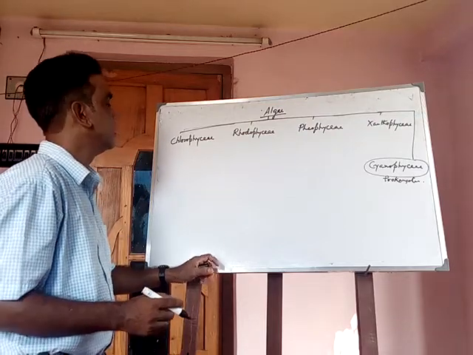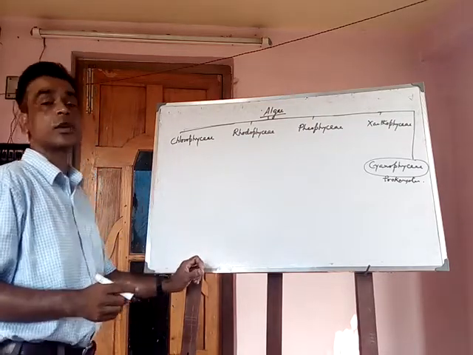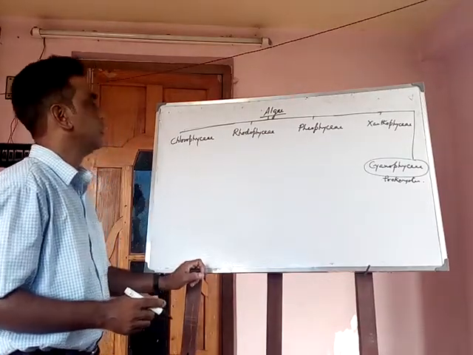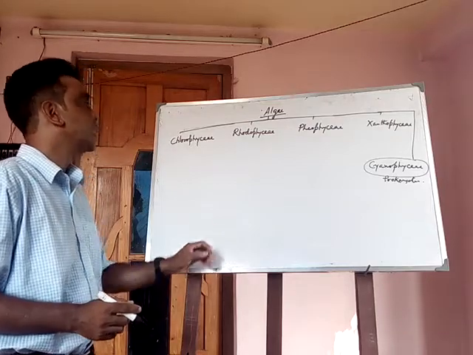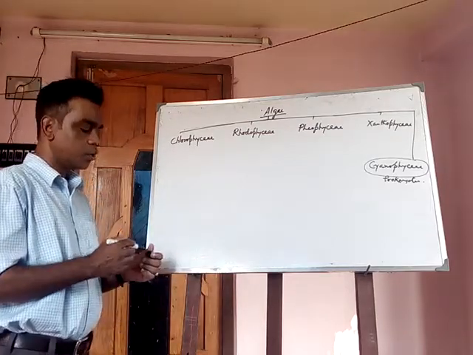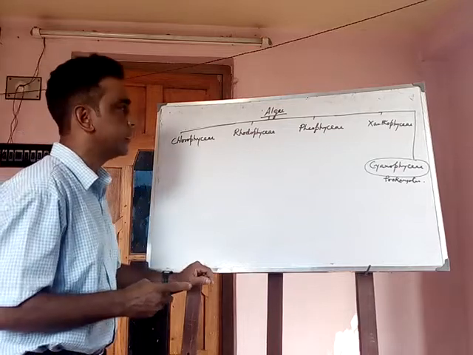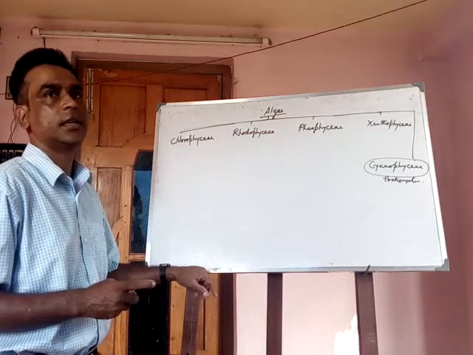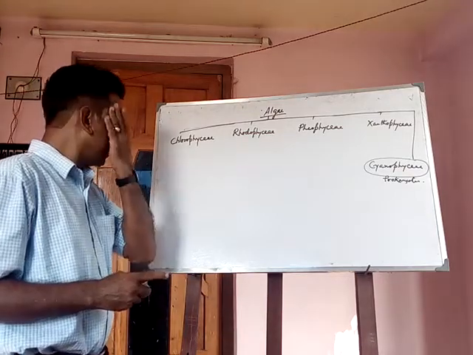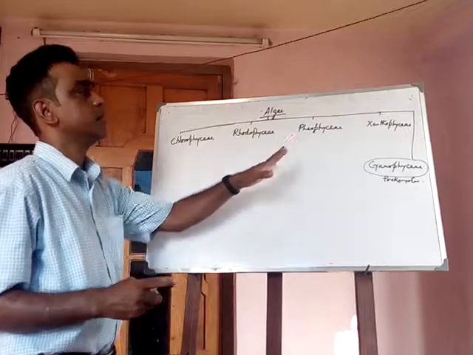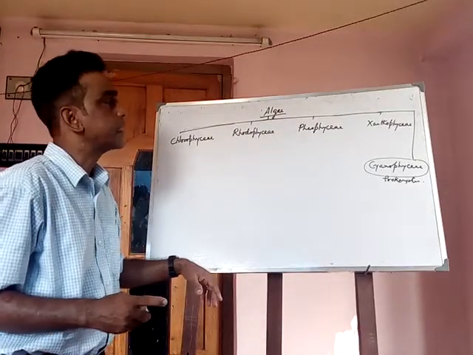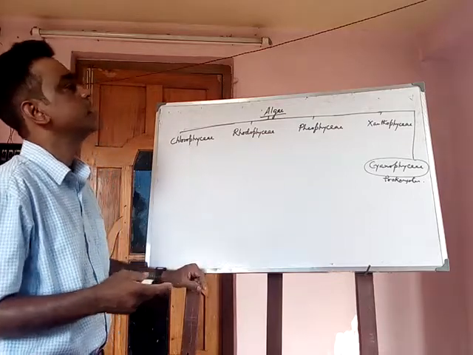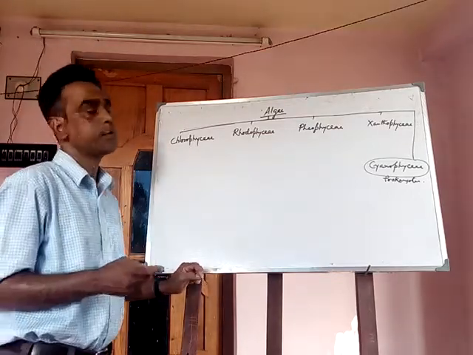Examples: Chlamydomonas nivalis, Spirogyra maxima, Volvox rotata, etc. Rhodophyceae is the group of algae where the red pigment is found, and Phaeophyceae is the group of algae where the brown pigment is found, and Gametophyte is the group of algae where the orange pigment is found.